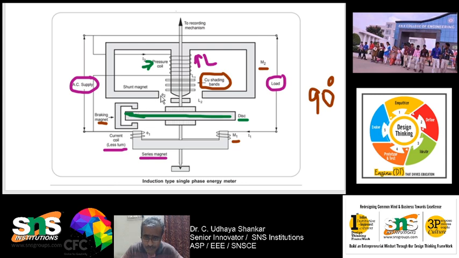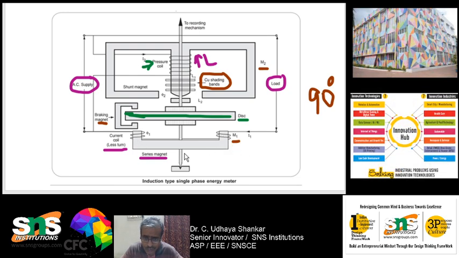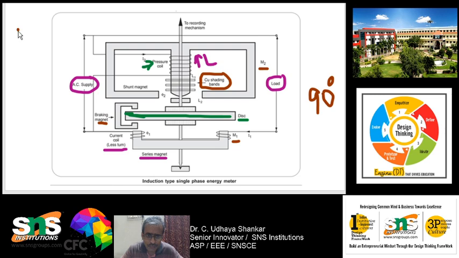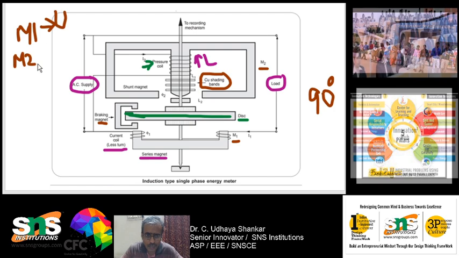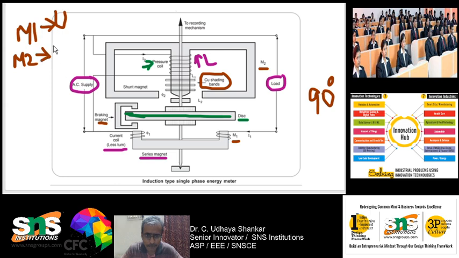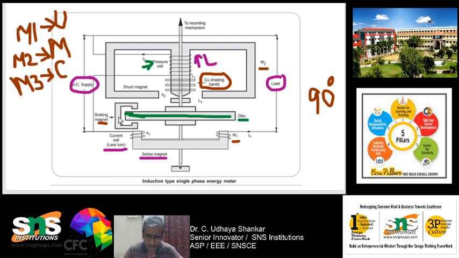You can see the shunt magnet is of M type, whereas the current magnet or series magnet is something like U, and the brake magnet is C. So, I can say M1 will have the shape of U, M2 will have the shape of M, whereas M3, the brake magnet, will have the shape of C. These three magnets play a very vital role in the working of the energy meter. Okay.